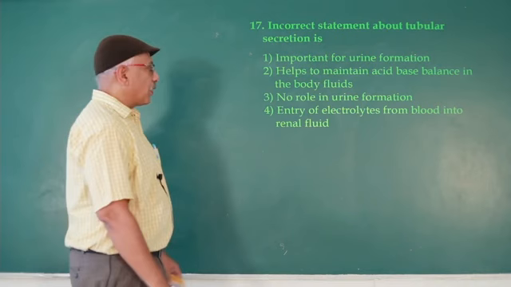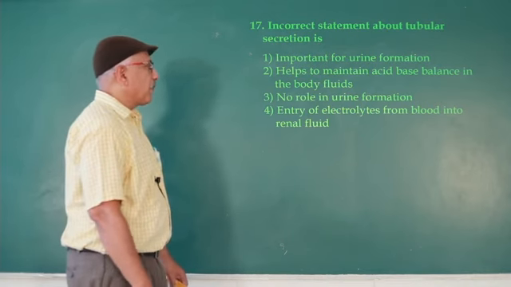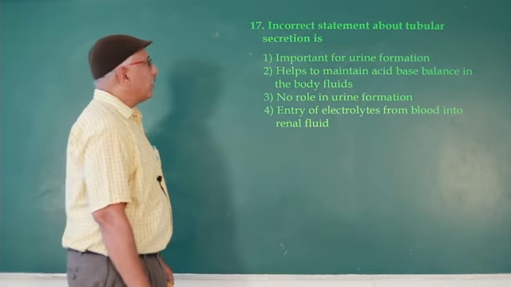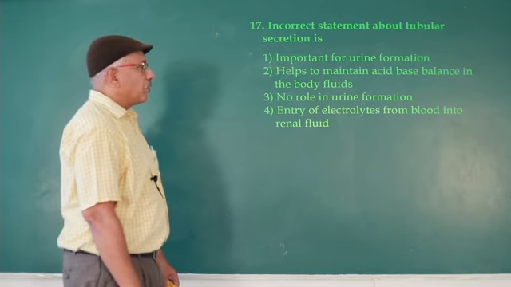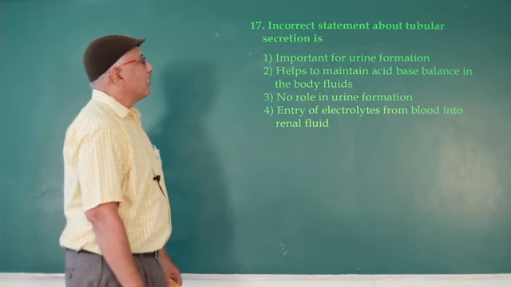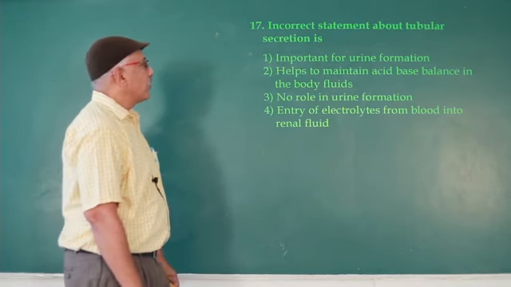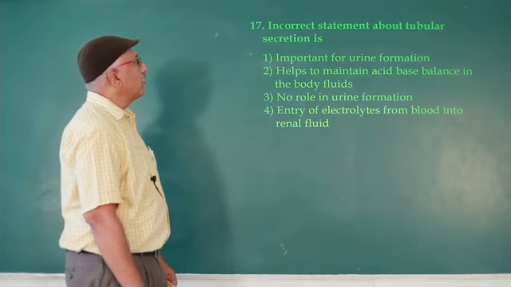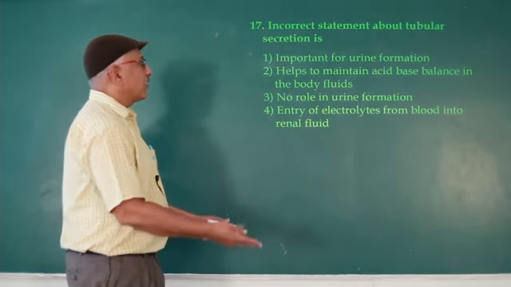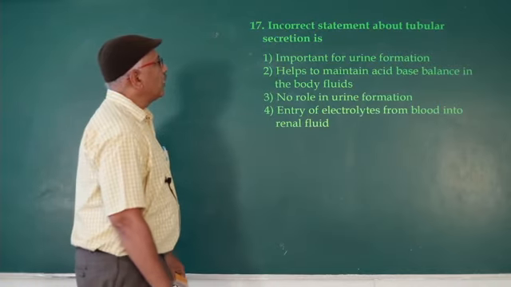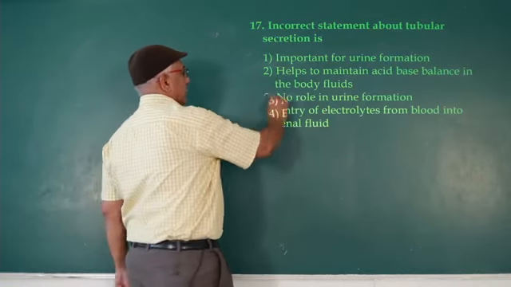Tubular secretion is the entry of electrolytes from blood into renal fluid, so it is important for urine formation. So the statement that it has no role in urine formation is incorrect.